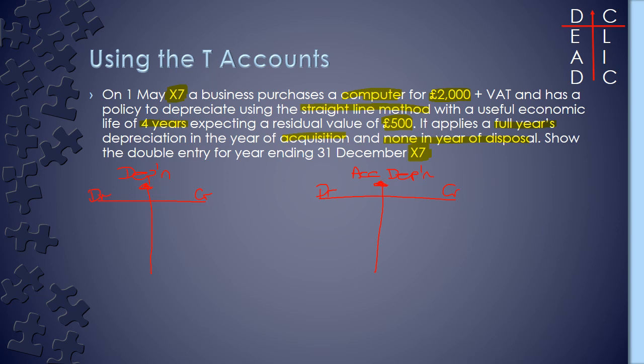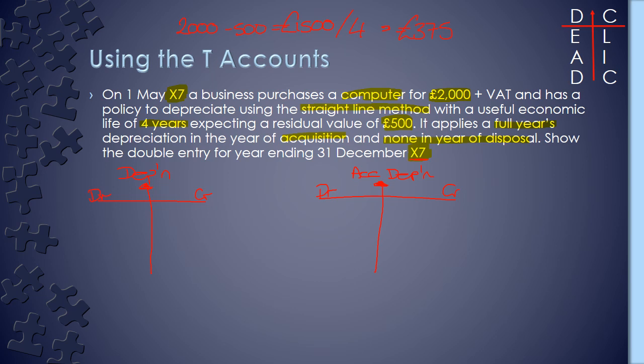And from the previous slides, we know it's the same question, so we know that we were going to be applying the depreciation on a value of 1500 because we need to take out our residual value first. We're going to divide that by 4 years, and that gave us our annual depreciation of 375. Each year, that's the amount that we need to depreciate by.